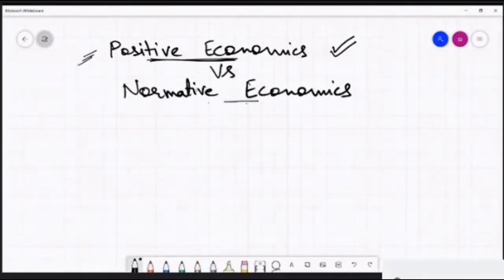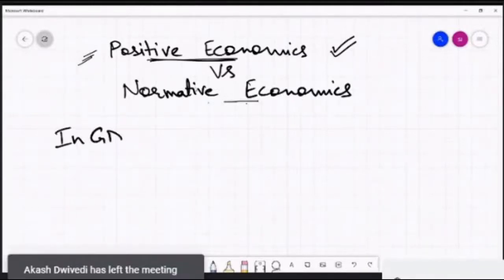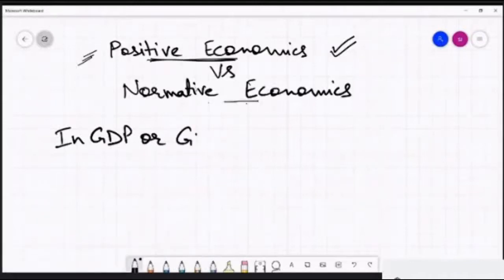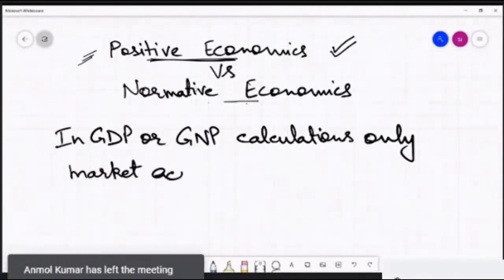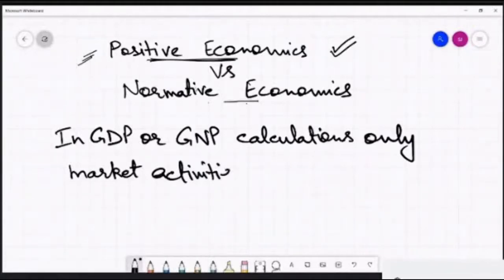Okay. Now, when we talk about GDP or GNP, you must have seen one thing, that we are talking about the nominal value or the market value of goods and services. So actually there is one more important fact here. In GDP or GNP calculation, only market activities are included. Market activities.